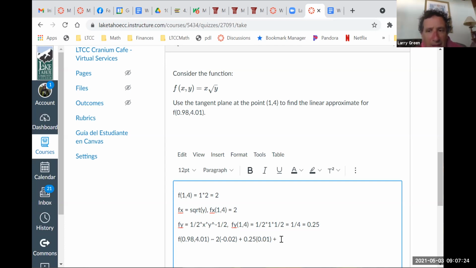And then plus, well, actually, technically it's, so then it's plus what? Yeah, plus our 2, because it's f of (1, 4). And that's not too bad.